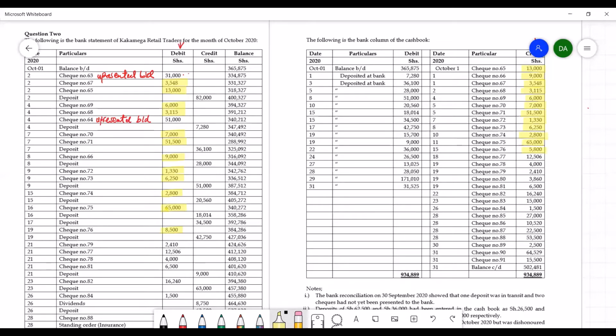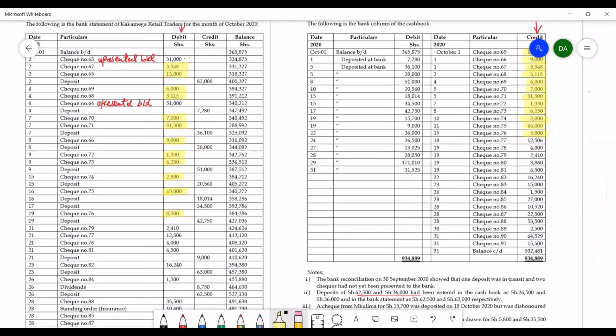But if you look at this check number 76, the amounts are different. In the bank statement, the check is 8,500. But then in the cash book, the check amount is 5,800. Now let us check the correct amount for this check.